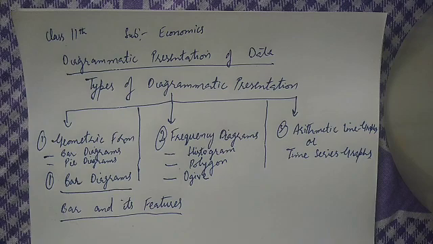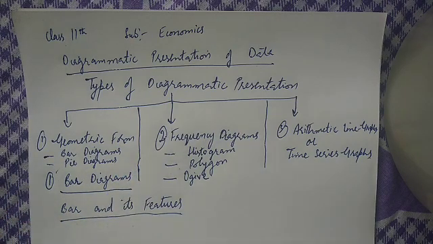See, data may be presented in a simple and attractive manner in the form of diagrams. Diagrammatic presentation is broadly classified into three types. Geometric form, including bar diagrams and pie diagrams.